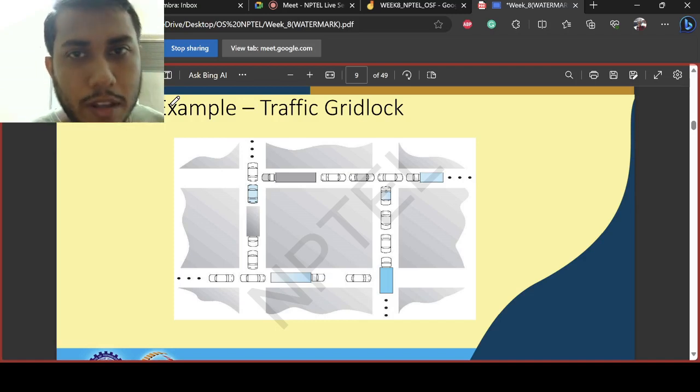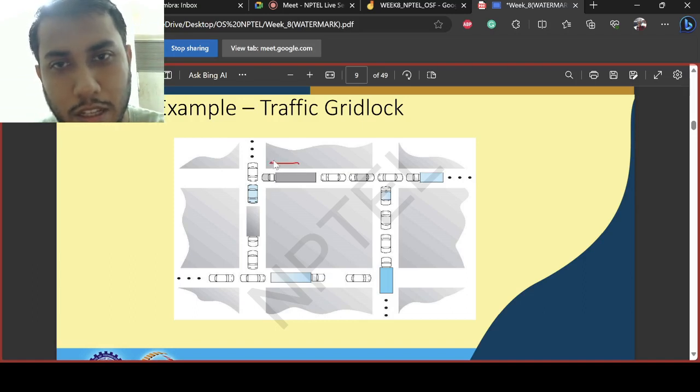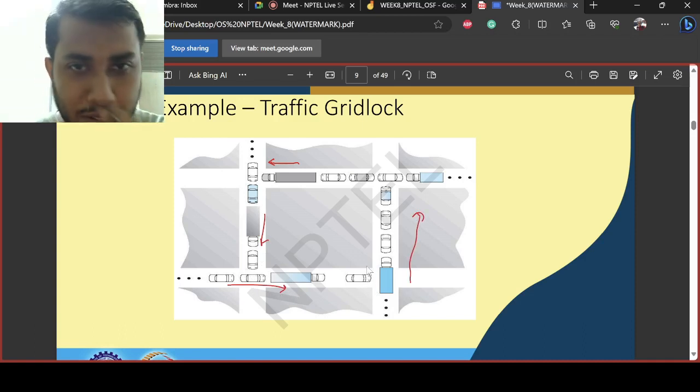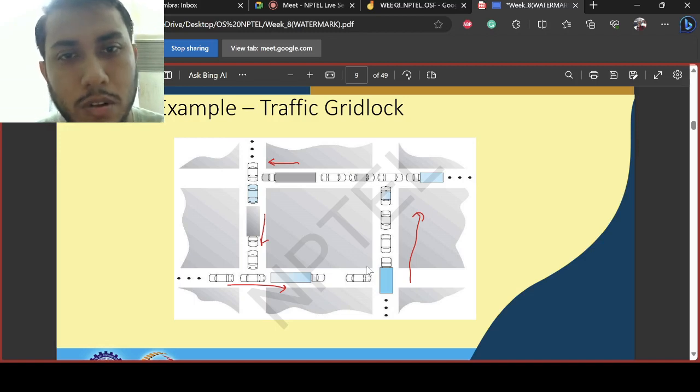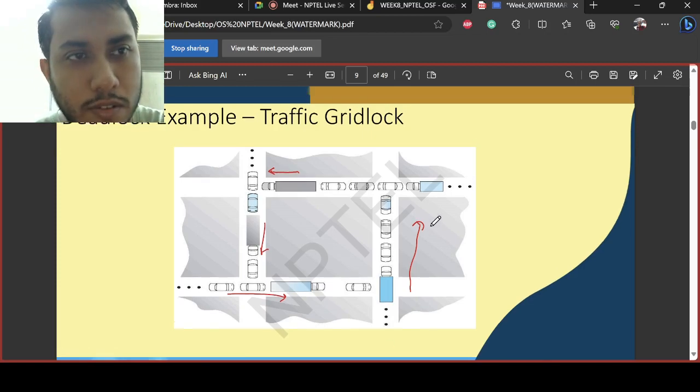A typical example is your traffic grid, where let's say this car needs to go, but the traffic is going this side. This car needs to go, but the traffic is going this side. Again, this car needs to go, but the traffic is going this side, and it's just in a loop that no one is able to get out of. That is what deadlock means.